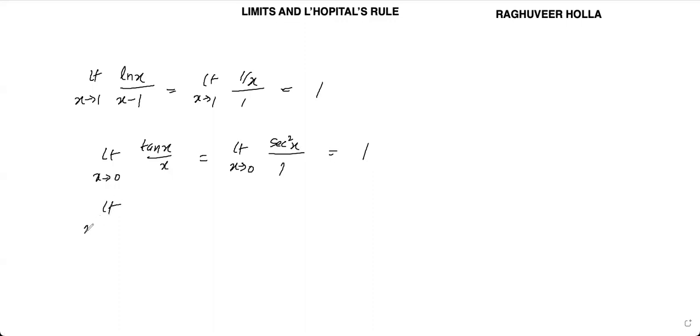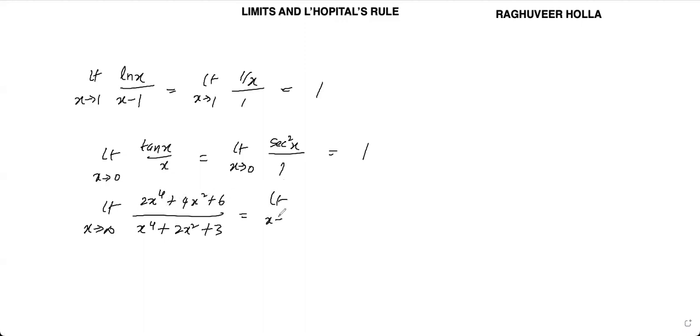Now let us see the next problem: limit x tends to infinity, 2x power 4 plus 4x square plus 6 divided by x power 4 plus 2x square plus 3. Now, if you look at this, I can divide by x power 4.